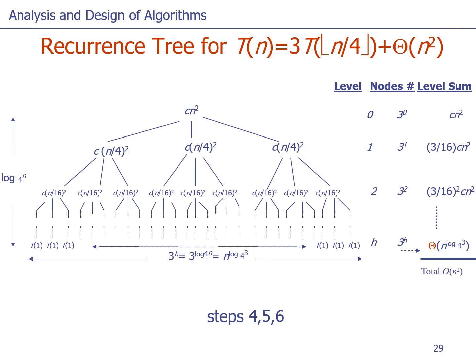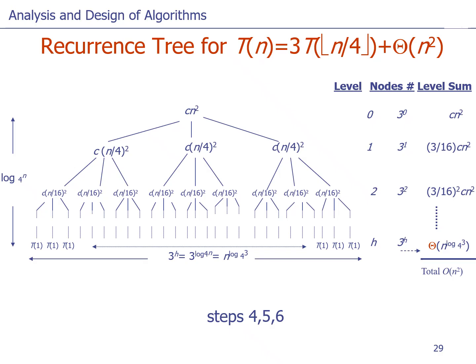At level 1, I have 3 nodes, and in each one of those 3 nodes, I am doing n divided by 4 all squared. So I will keep the square with the n, I will take the 4 out, so it becomes 16, and I had the 3 for the 3 branches, so 3 by 16 Cn squared. Now the next level becomes (3 by 16) squared Cn squared. Okay? And it goes like this.